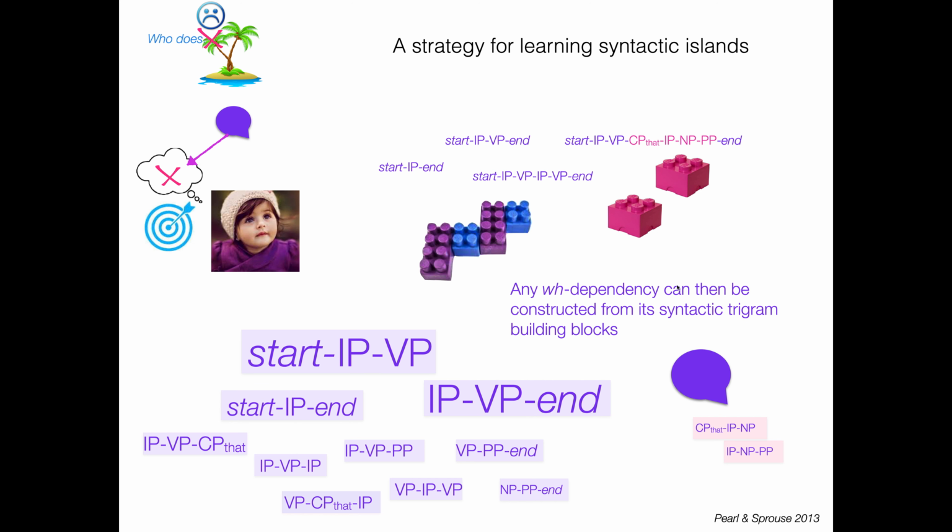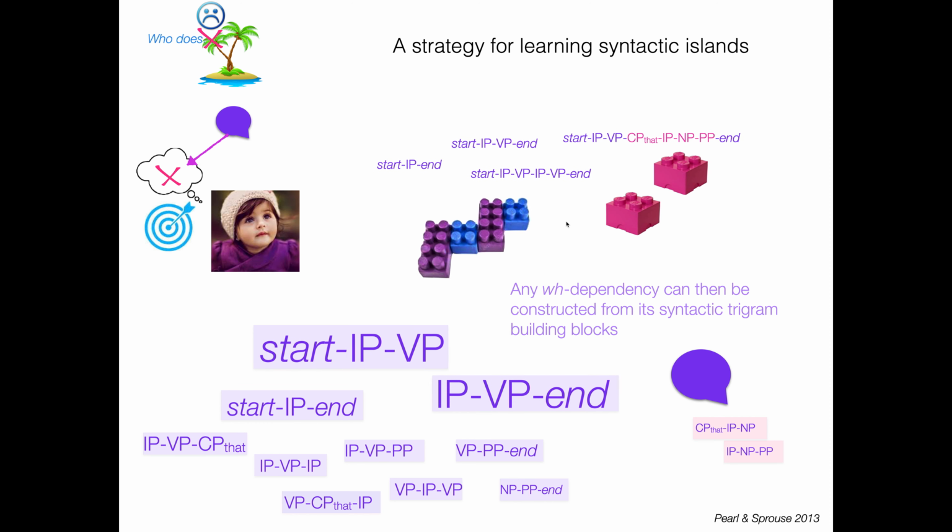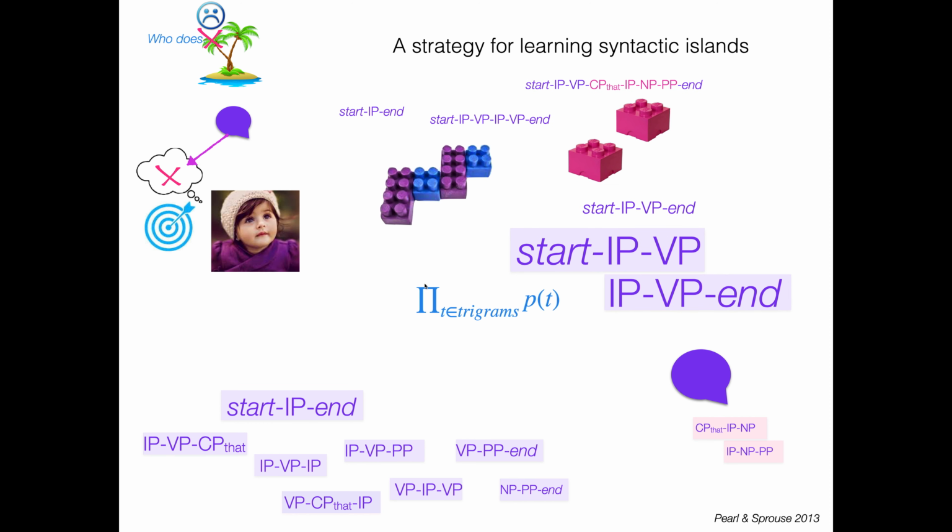So any WH dependency can then be constructed from its syntactic trigram building blocks. For example, the way that we did it in Pearl and Sprouse 2013 was just to take the product of those individual building block probabilities. Just multiply them together. So start IP VP times IP VP end's probability will give you back the reconstructed probability for this entire sequence, start IP VP end.